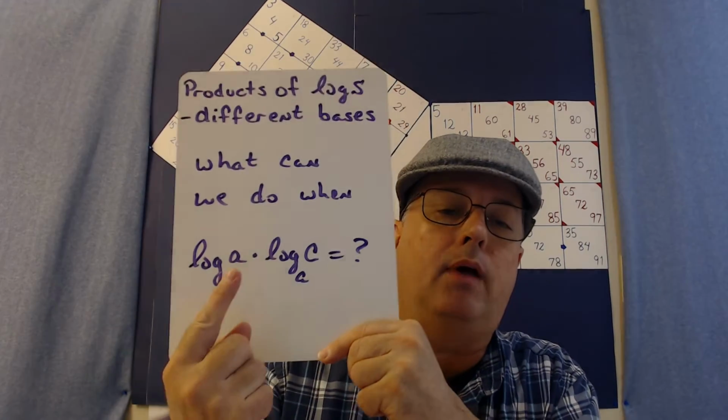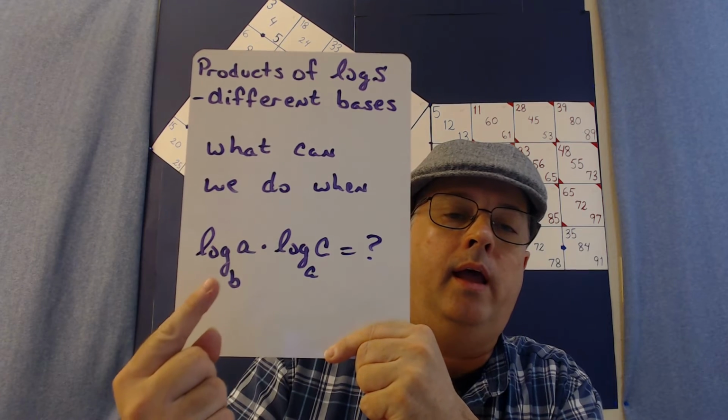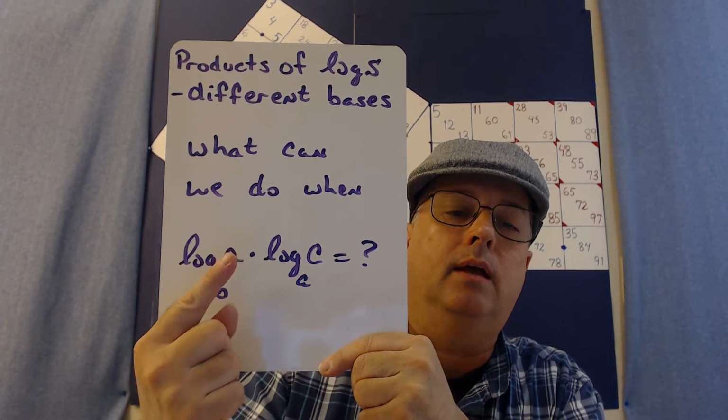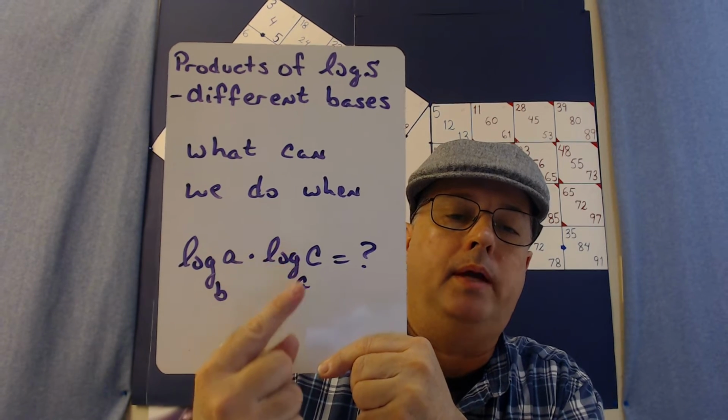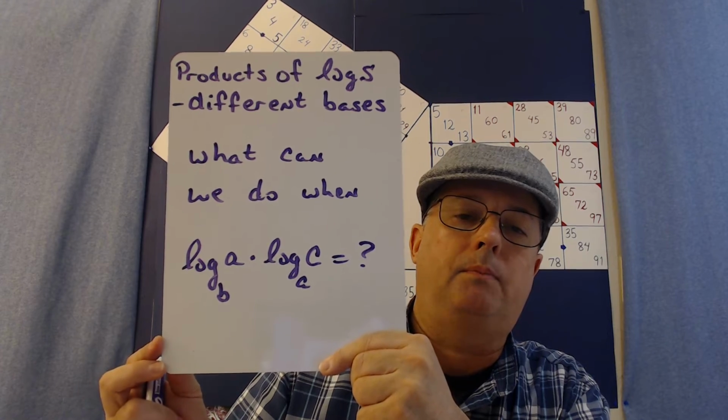Here we have a product of logarithms. And so what can you do when you have log base b of a multiplied by the log base a of c? That's what we're going to find out here.